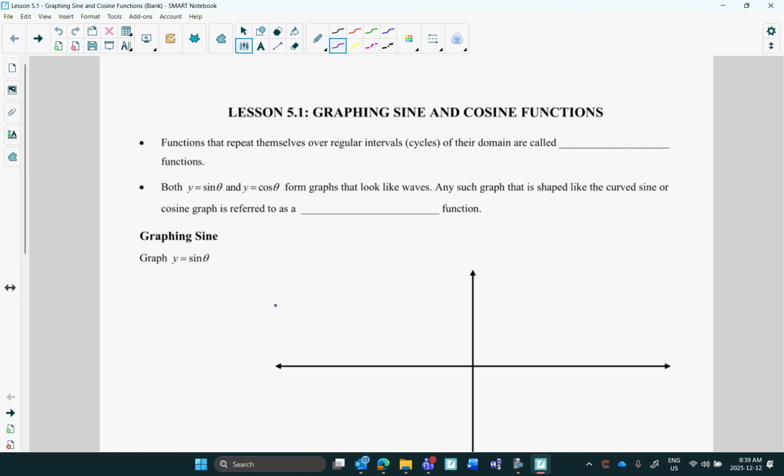Sine functions and cosine functions, when you look at the graphs, are called waves, sine waves and cosine waves, because they follow a repeating pattern. Okay? And the name that we give to a graph that follows a repeating pattern is called periodic, because it repeats itself after a certain period of time.